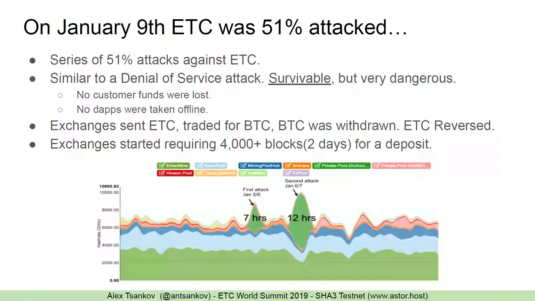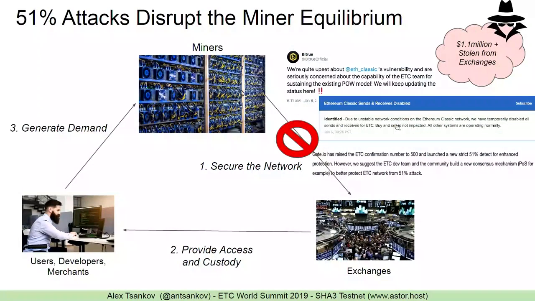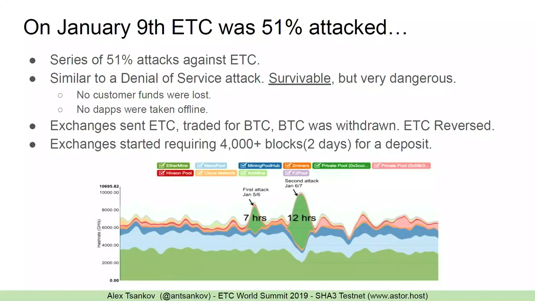Well, it really begins on January 9th when ETC was 51% attacked. Basically, there was a series of 51% attacks in which rogue mining pools were able to acquire a majority of the hash power on the network and publish chains that would reverse transactions that they had made to exchanges.